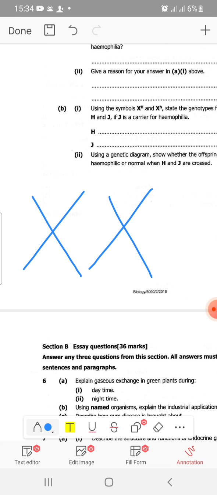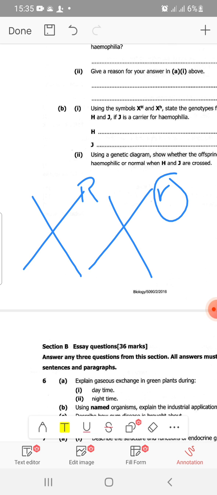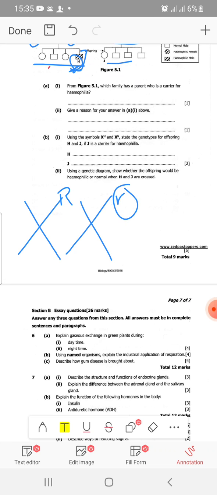In the last video I said for females it is XX. Now, because that female is a carrier, we're going to have the first X with a capital letter H and the second X with a small letter h. This represents a carrier. This offspring is normal, but she is a carrier of hemophilia. Okay, now we go to the other part.